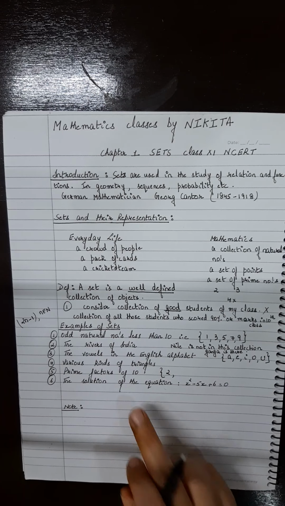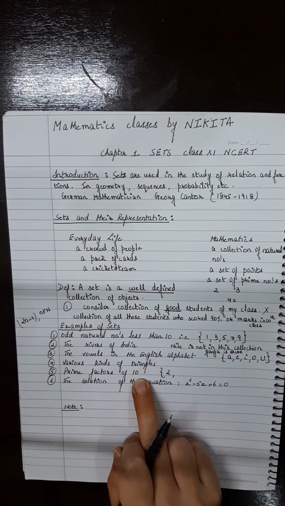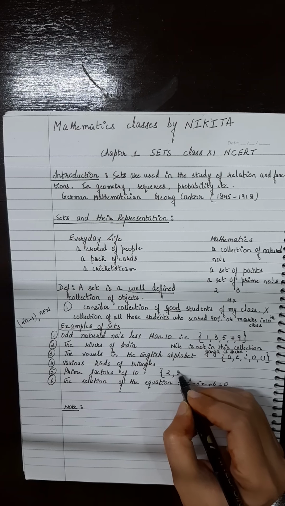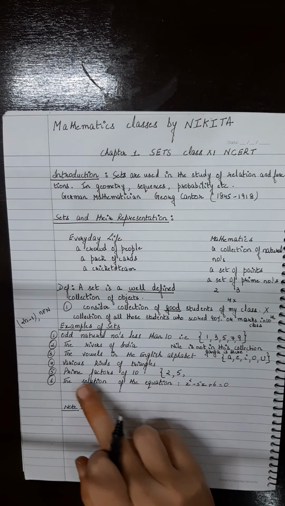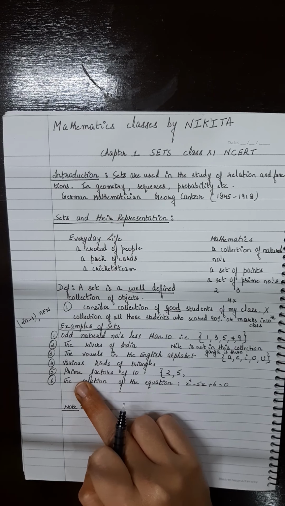So 2. Now next, after 2, which number will divide it? 5. Now 5 is a prime number, 5 is a factor of 10. So 2, 5 and the number 10 itself. But 10 is not a prime number because 10 is divisible by 2 as well as 5.